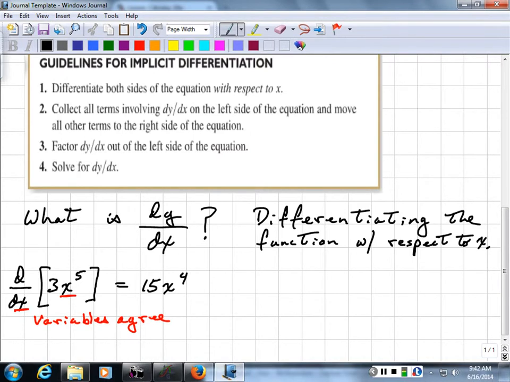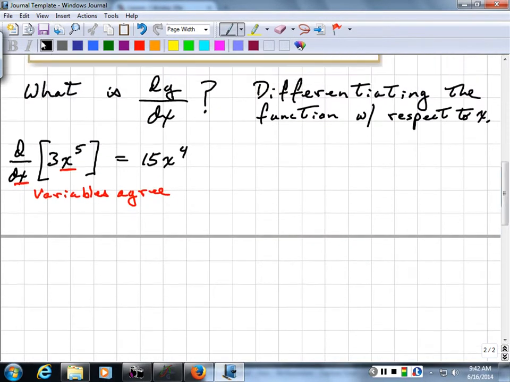However, when I look at this right here, dy over dx of 12y to the third power, notice that this variable and this variable disagree. I can still take the derivative of 12y cubed, but since I'm telling you to take it with respect to x, I have to indicate that in my finished answer. So the variables disagree.